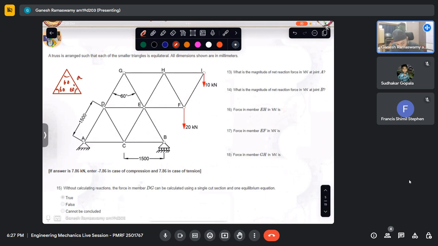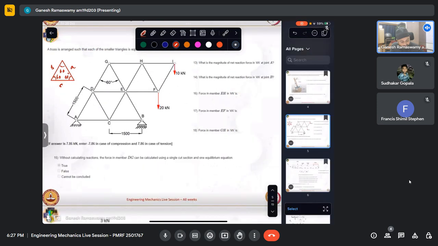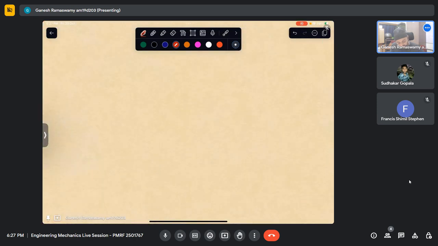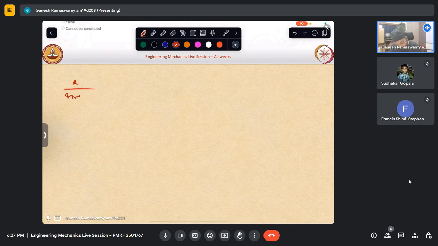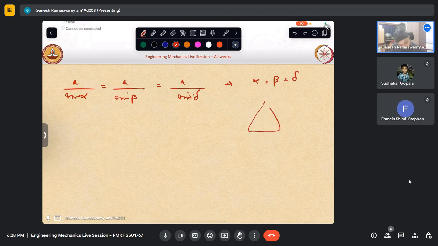That is A, B, C. So from our sine law, A by sine alpha is B by sine beta, and so on, sine delta. So all three sides are A, with angles alpha, beta, delta.